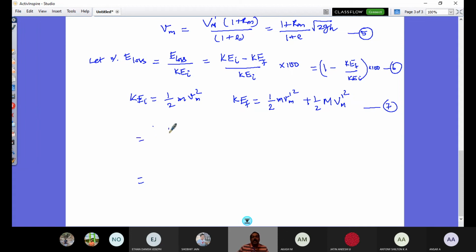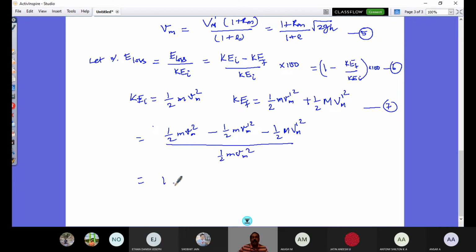Initial kinetic energy is half m vm square minus half small m vm dash square minus half capital M capital V capital M dash square, divided by half m small v m square. So this is the expression.